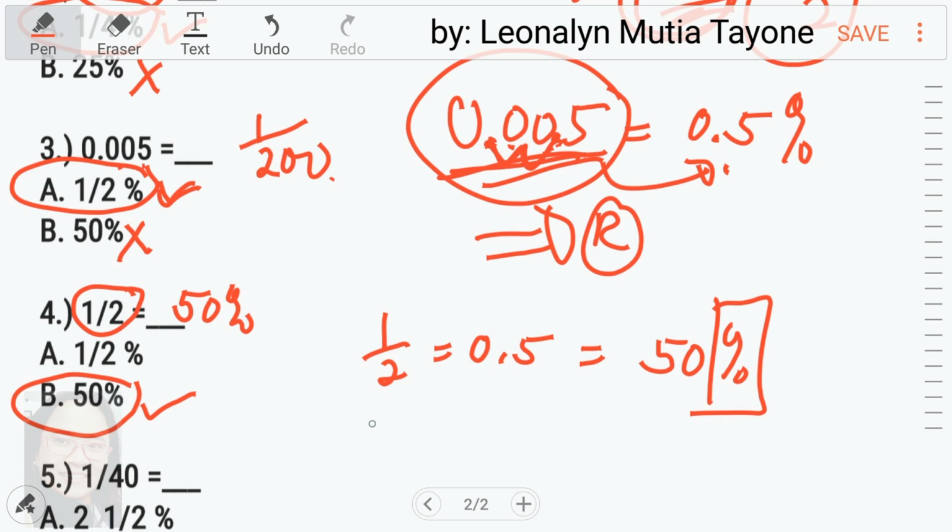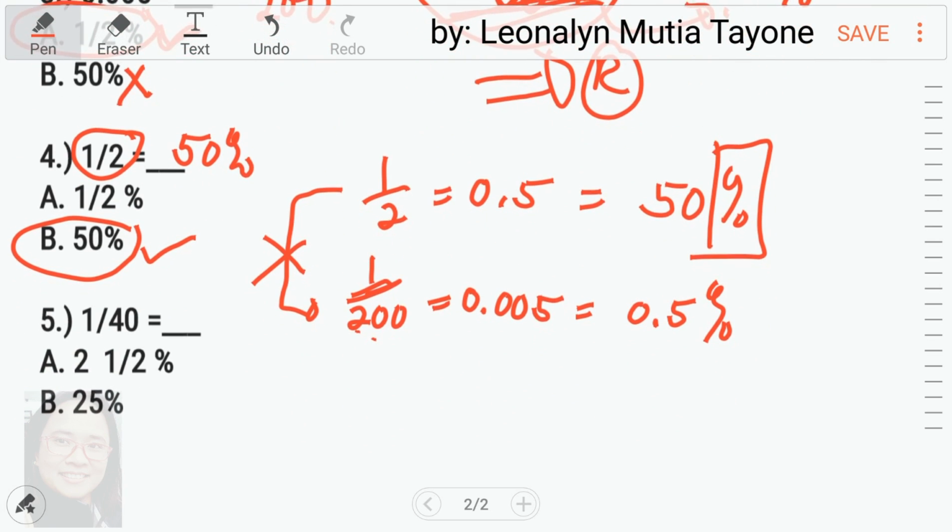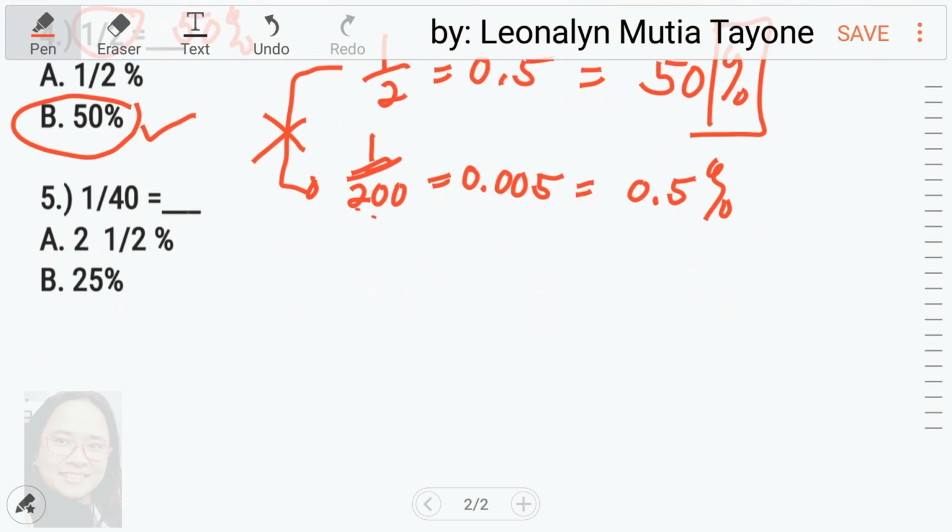At ating balikan si 1/200, magkaiba yan ha. Ito 1/2. Ito naman ay 1/200. So, hindi yan siya equal. Hindi sila pareho. So, si 1/200, that is equivalent to 0.005 or 0.5%.